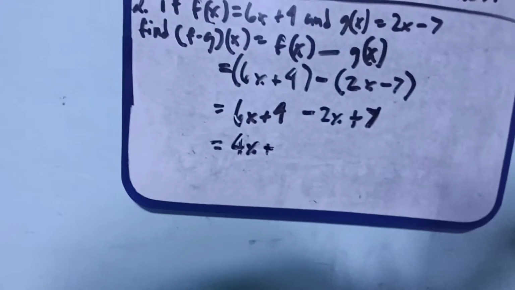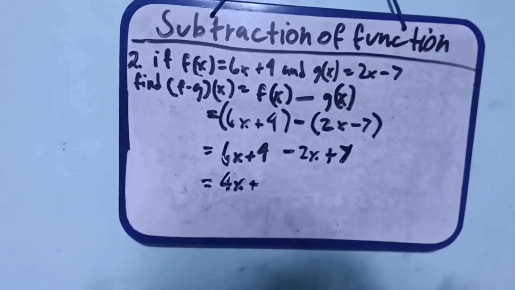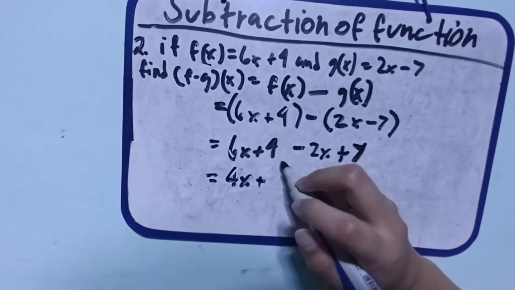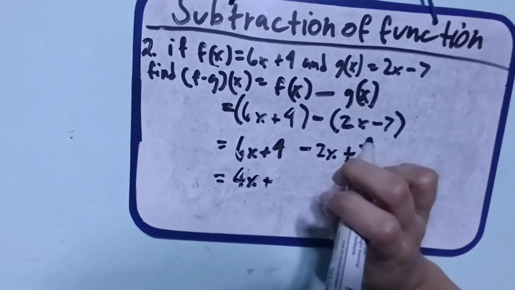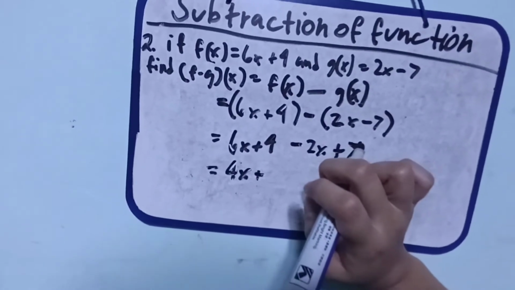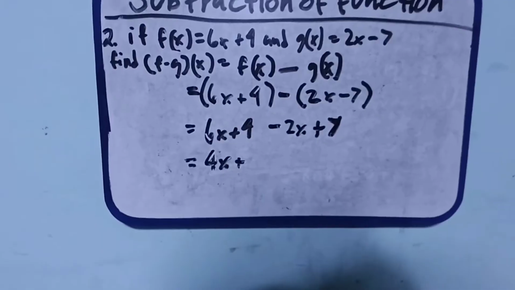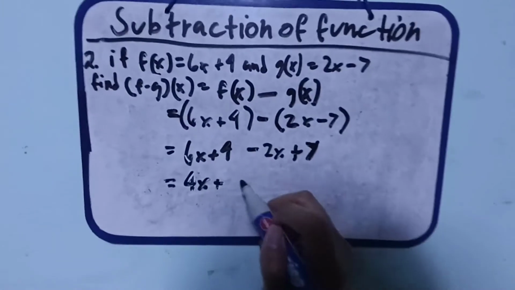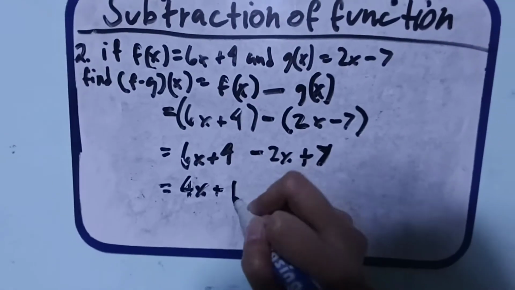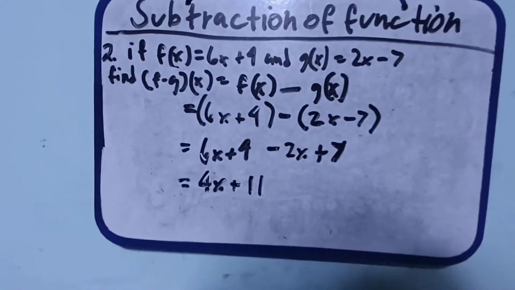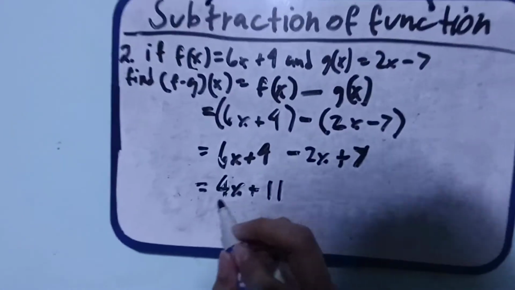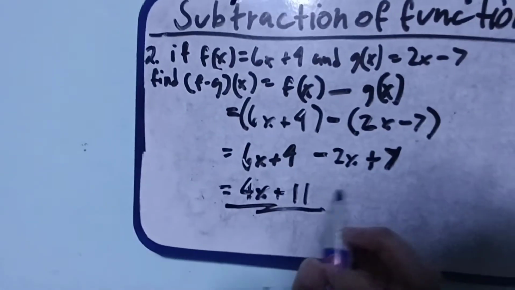And positive 4 plus 7 is equal to, so going back, positive 4 minus positive 7, that would be positive 11, since 7, 8, 9, 10, 11. So here is our final and simplest answer.